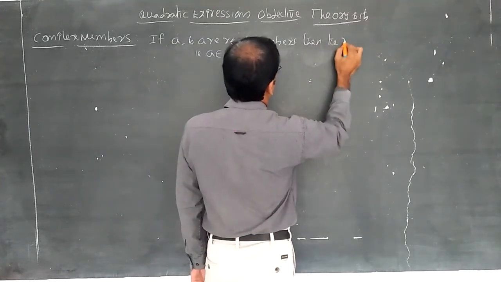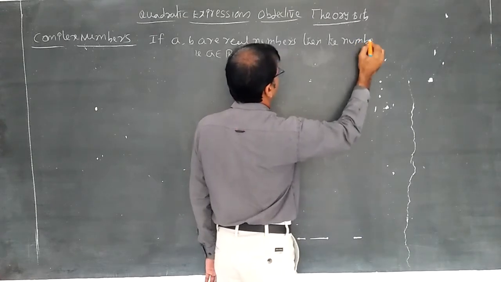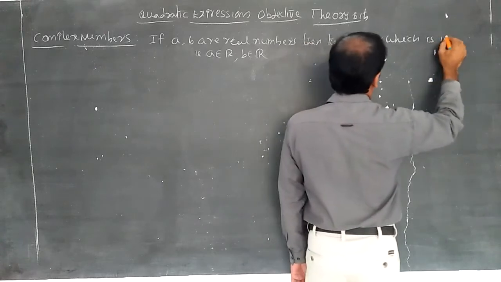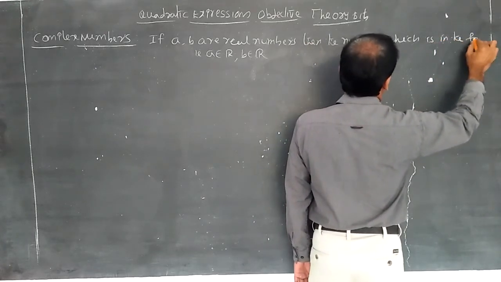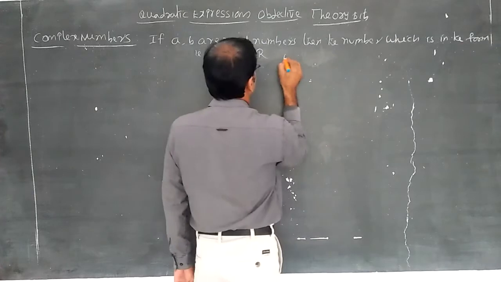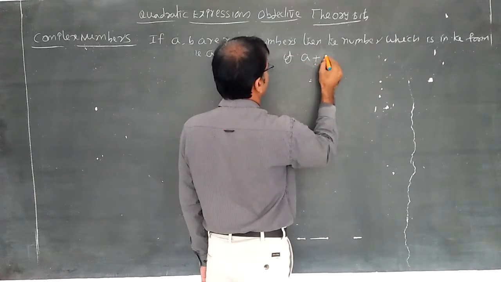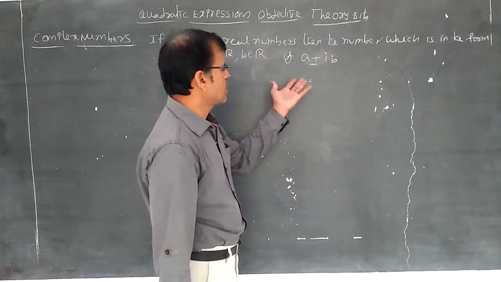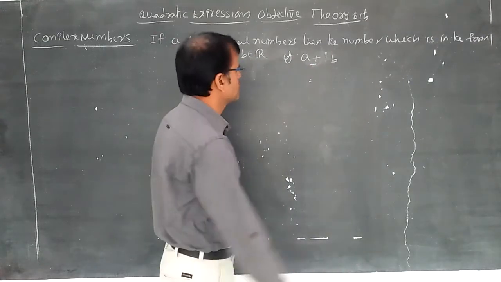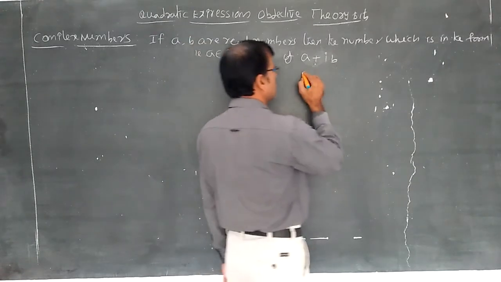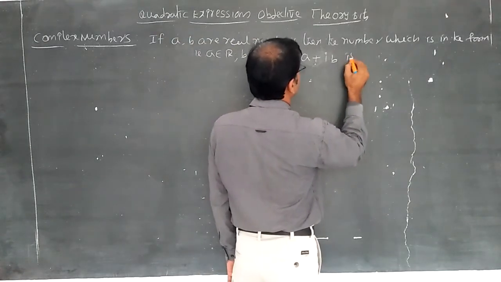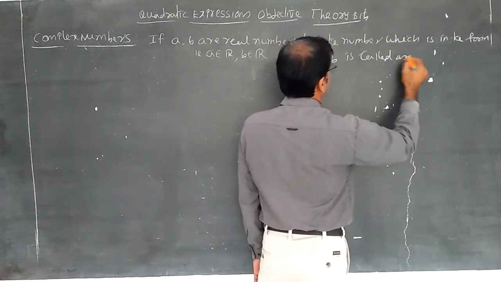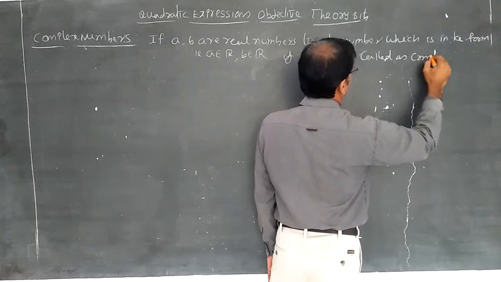Then the number which is in the form of a plus ib is called a complex number.